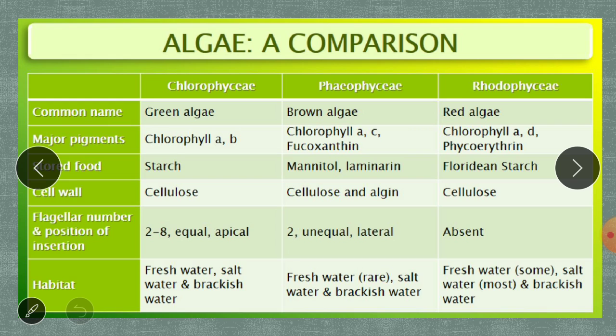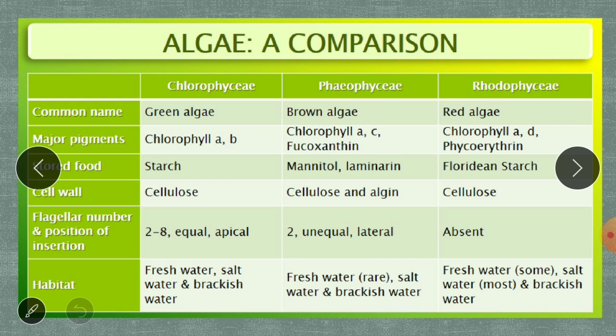But from the exam point of view, usually they are going to be asking you the difference between any two types of algae. They can ask differentiate between Chlorophyceae and Phaeophyceae, or differentiate between Phaeophyceae and Rhodophyceae. So these type of questions can be asked in exam.